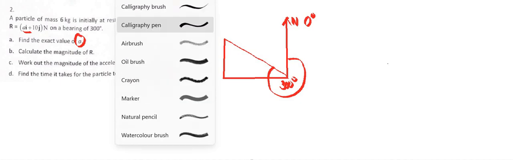So if we draw a triangle, that means that the vertical, the J, is going to be 10. So that's going to be 10.